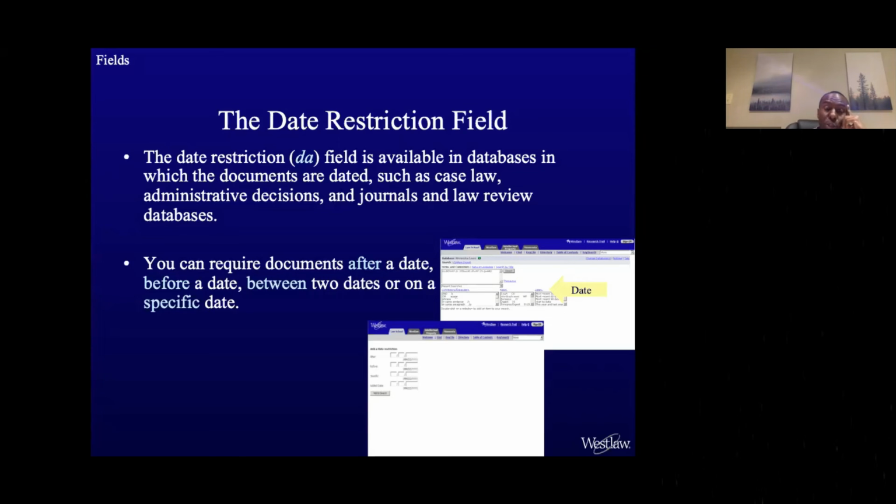So when you're using restrictions, when you're doing case searches, remember that if you use DA, you can only pull the certain cases that are coming within the certain date that you're looking for.